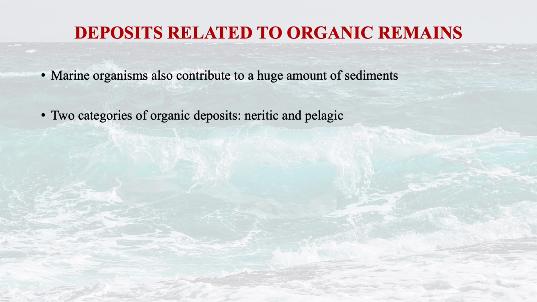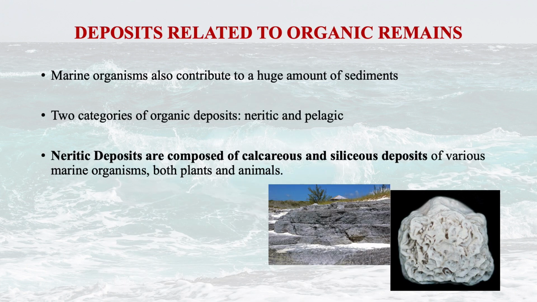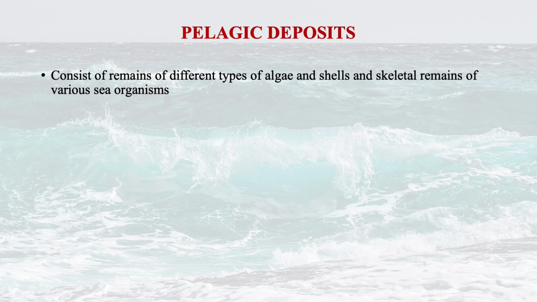You are already acquainted with these terms: neritic are the shallow water deposits with low salinity, and they are composed of calcareous and siliceous deposits of various marine organisms, both plants and animals. And the pelagic deposits consist of different types of algae and shells and skeletal remains of various sea organisms.